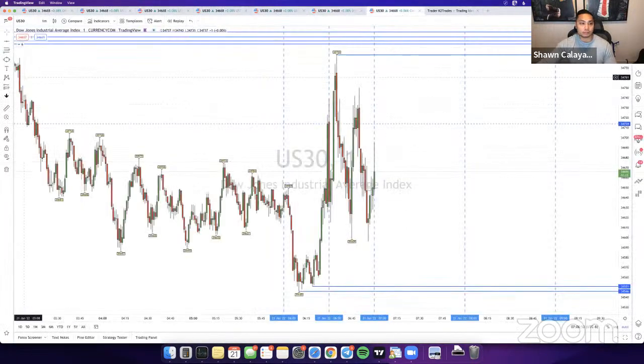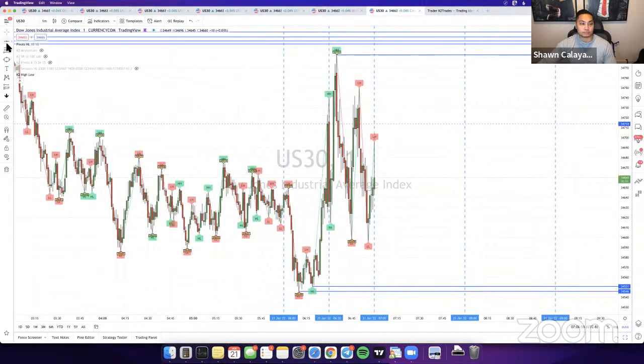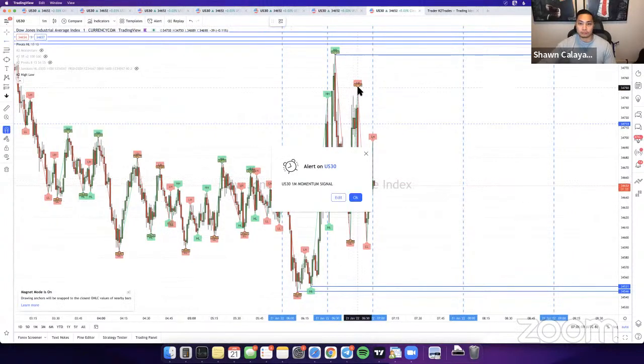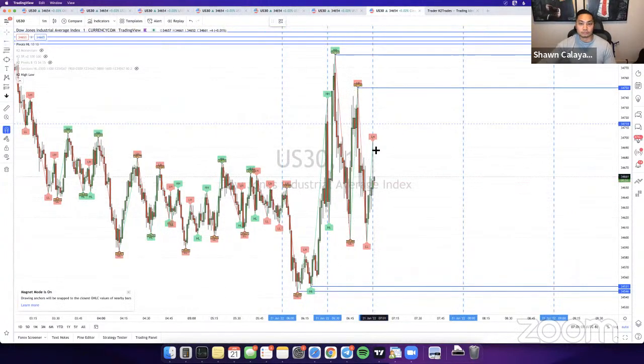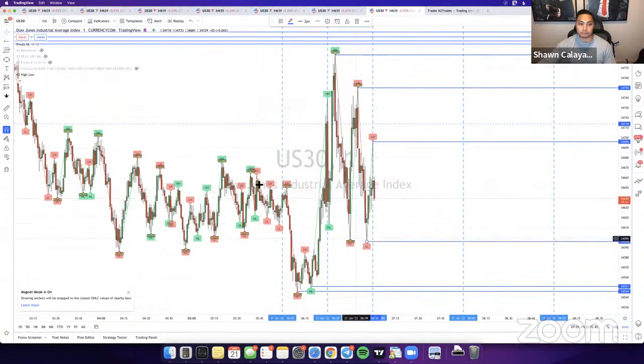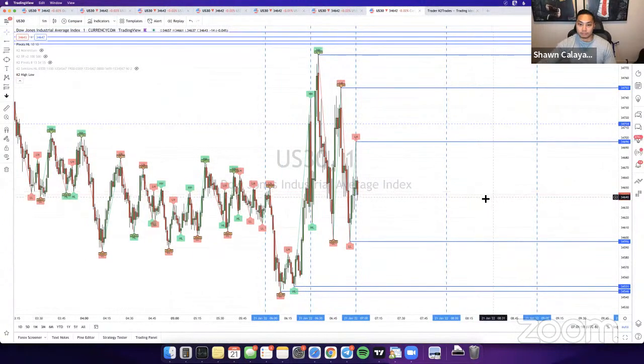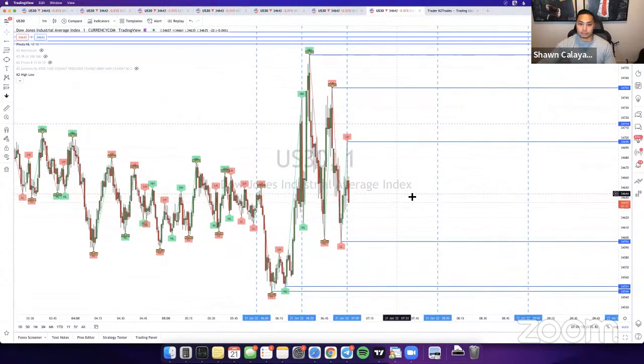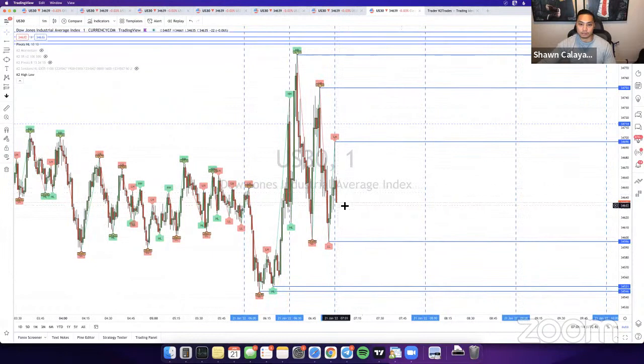So I'll go over here to the clean chart. Draw this out right here. Yeah, we're moving into 7 o'clock. So it looks like as we move closer to 7, price is starting to drop lower and lower.